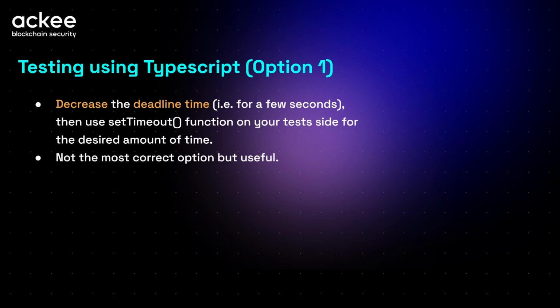This is kind of a disclaimer, because I think it might not be the most correct option, because it does not replicate the actual behavior of the smart contract. If the smart contract has a deadline specified for 7 days and you decrease it to a few seconds, it might be considered cheating, but this option might be useful.